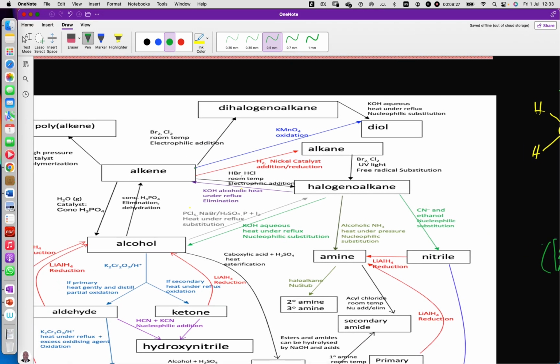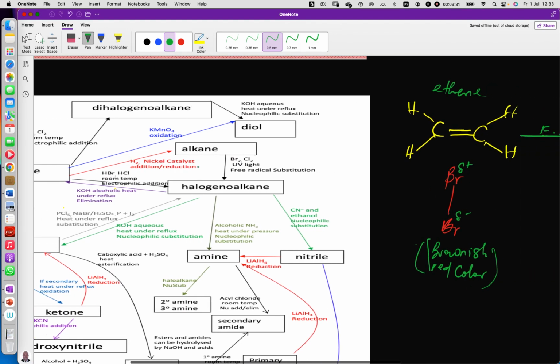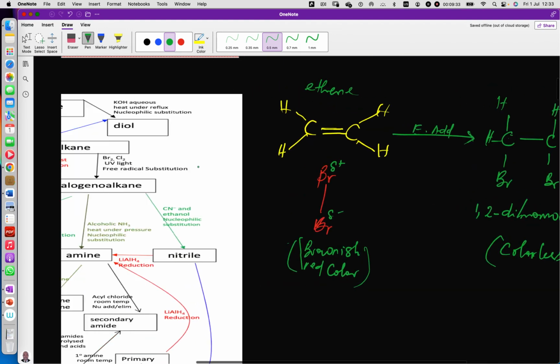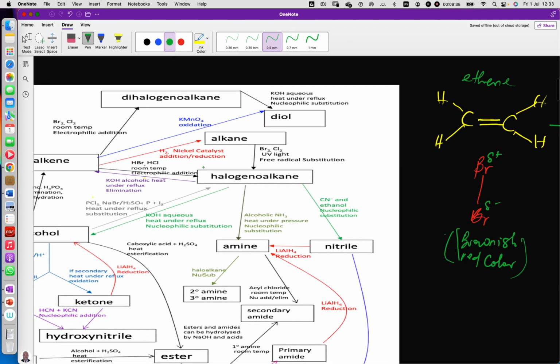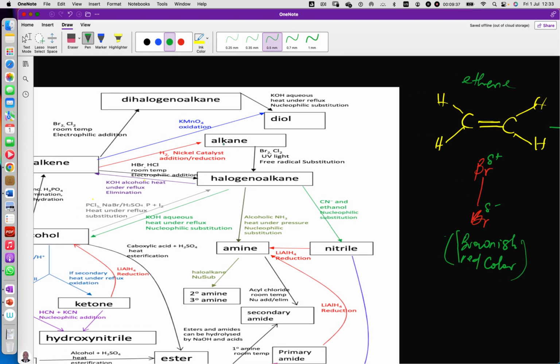Ethene can also react with hydrogen bromide.